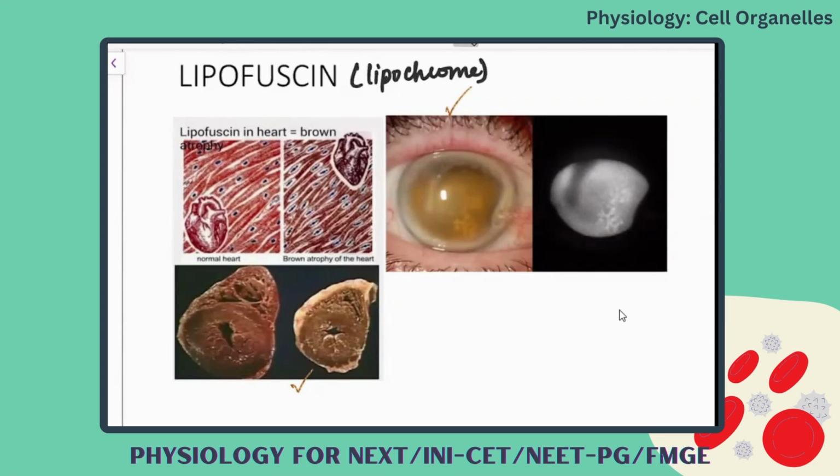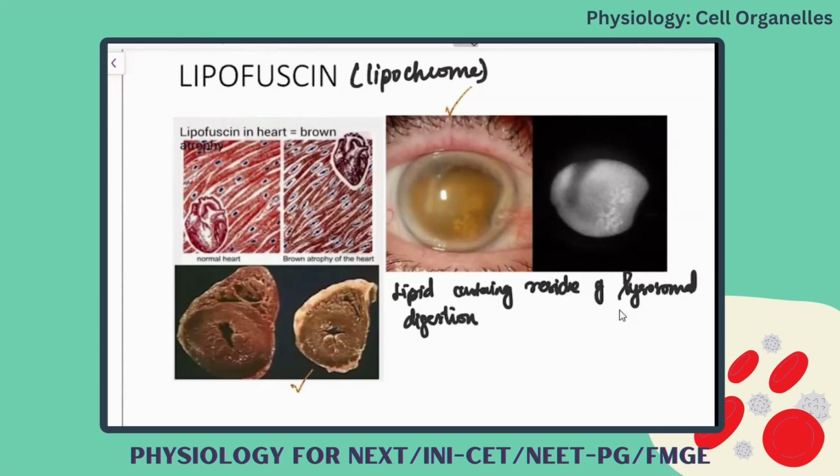They are the lipid containing residue of lysosomal digestion. The lysosomes are like vesicles packed inside the cellular organelles, rich in enzymes.